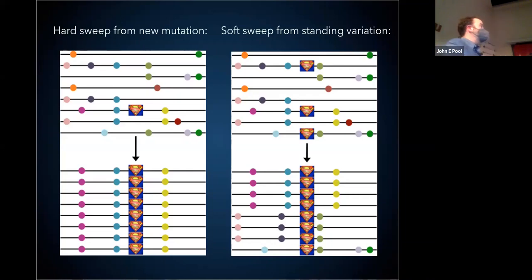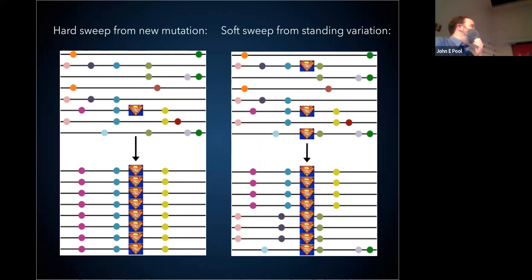In this case, if you're favoring this variant, well, it's linked to more than one haplotype by now. And so although you will affect genetic diversity to a degree, the effects are not expected to be as strong. There's still multiple haplotypes surviving here.